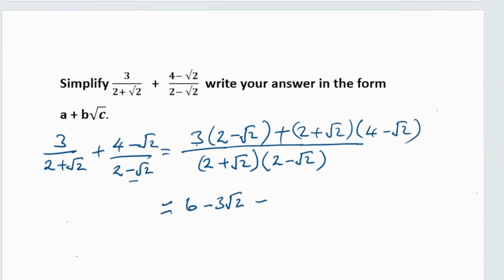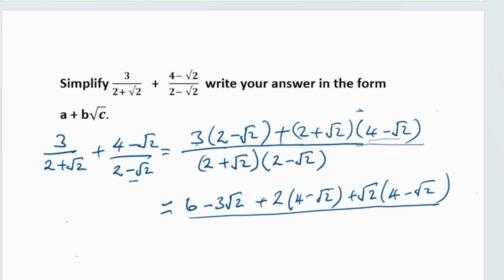Then plus, now we take these two and multiply them: 2 multiplied by 4 minus square root 2, and then positive square root 2 multiplied by 4 minus square root 2. That one will be simpler: you take 2, multiply it by the whole of this, and then you take positive square root 2, multiply it by the whole of that.